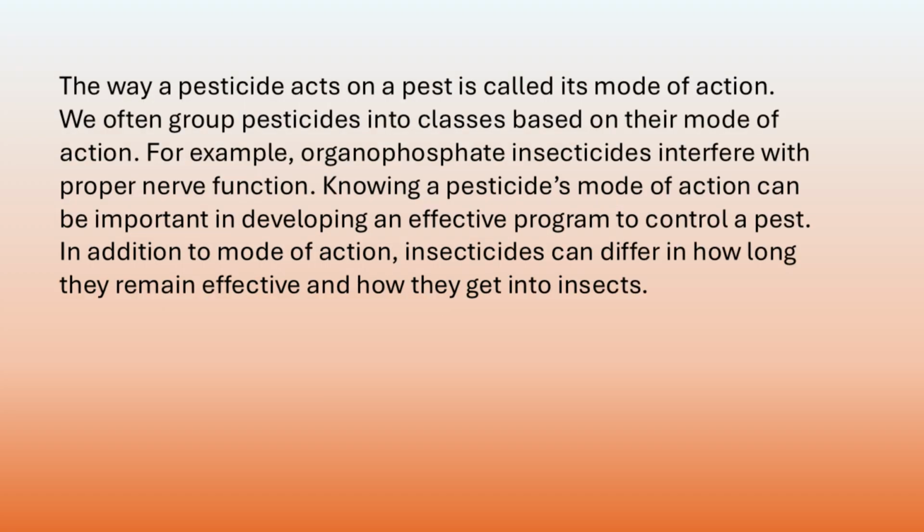The way a pesticide acts on a pest is called its mode of action. We often group pesticides into classes based on their mode of action. For example, organophosphate insecticides interfere with proper nerve function. Knowing a pesticide's mode of action can be important in developing an effective program to control a pest.